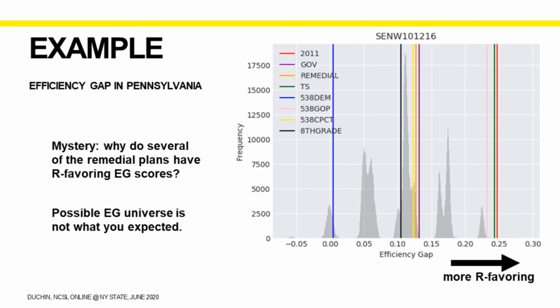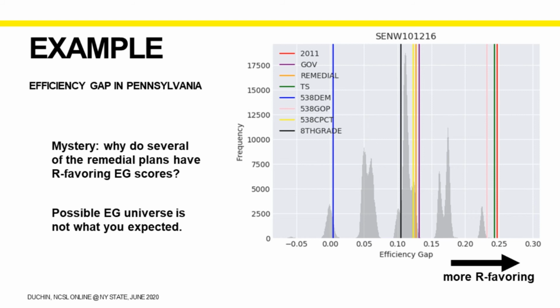Here's a second example, going back to Pennsylvania. The efficiency gap. Ask me what it is if you want to hear about it. It's a popular score of partisan advantage. And yet, many of those plans that I showed you in Pennsylvania have efficiency gap scores that look very pro-Republican. Why would that be? So here's why. The universe isn't what people expected. People thought that there'd be a bell curve of efficiency gap centered around zero.